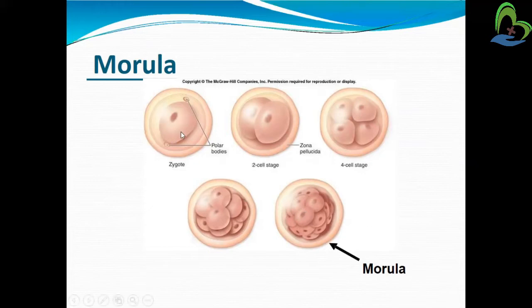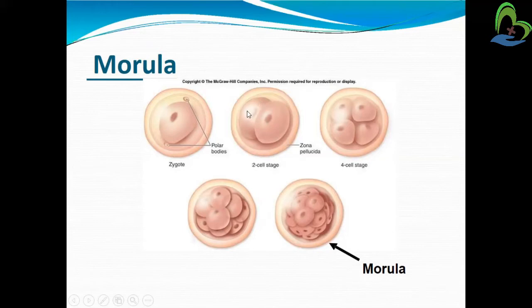This is the one cell known as a zygote. From that the binary division starts. The zygote divides into two, known as blastomeres, and the surrounding wall is known as the zona pellucida, which we already learned in the previous session.